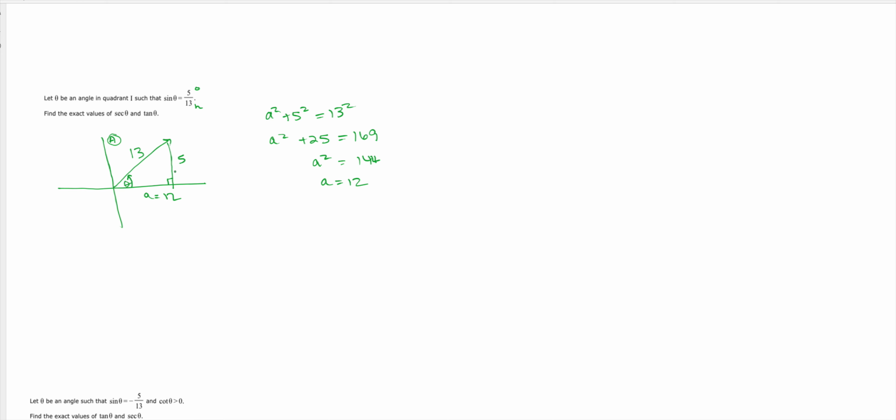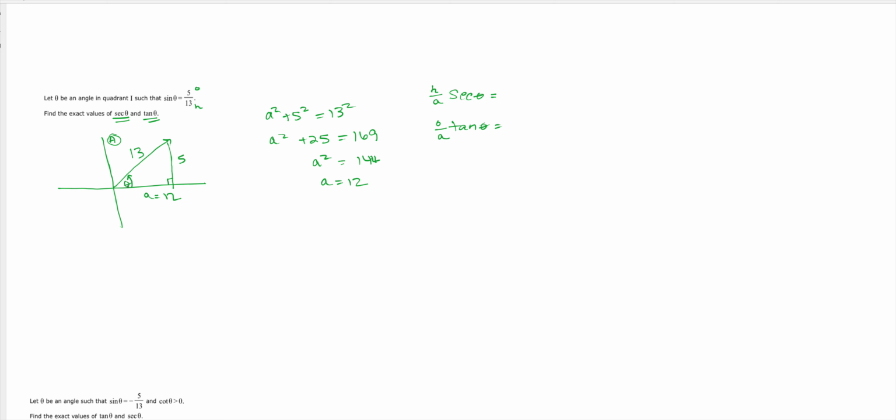All right, so now I have all 3 sides. So now I can find the exact values of secant theta and tangent theta. And again, we already determined that those would be positive because theta's in quadrant 1. And remember, secant would be hypotenuse over adjacent, and tangent would be opposite over adjacent.